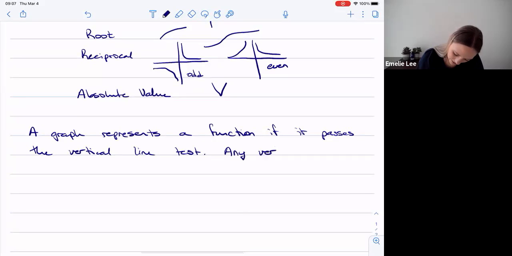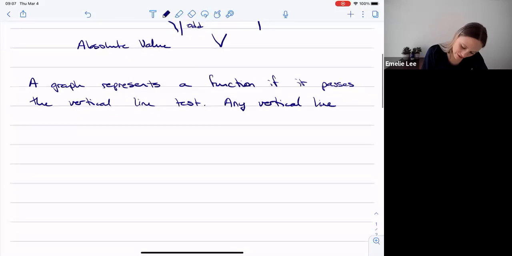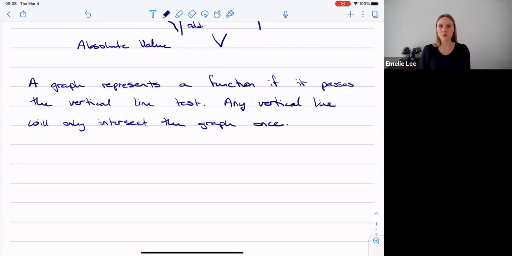Any vertical line will only intersect the graph once, then you have a function. It's kind of the Coles notes version.